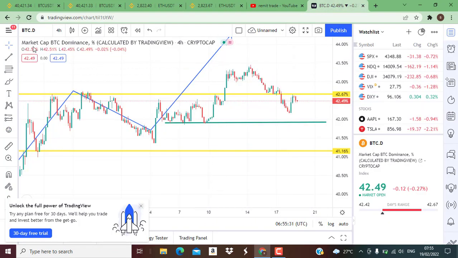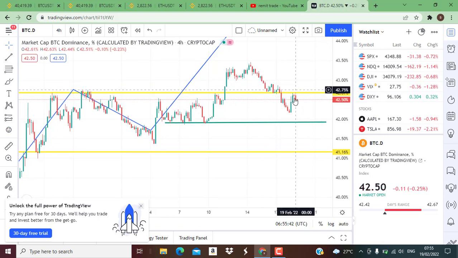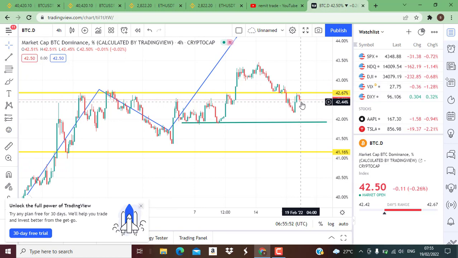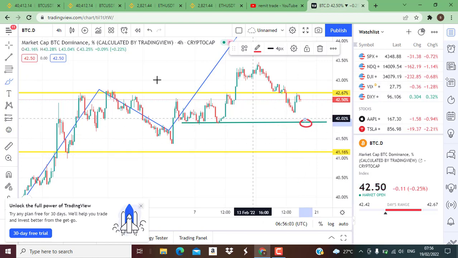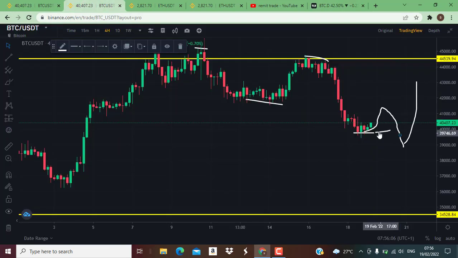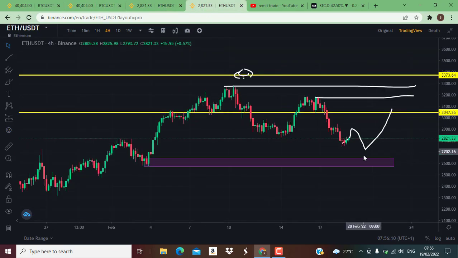Looking at the 4-hour chart right here on the Bitcoin dominance chart, you see market support here, resistance. So the market has the capacity of coming back down. But what I am looking out for right now in the long term is that the Bitcoin dominance chart should move up again. Like I said in my previous video, if you look at it from this area, I said if the market breaks this very area of support, then we're going to see the market come back right down, and we're going to see a massive drop on BTC USD to the downside, and then on ETH USD to the downside as well.